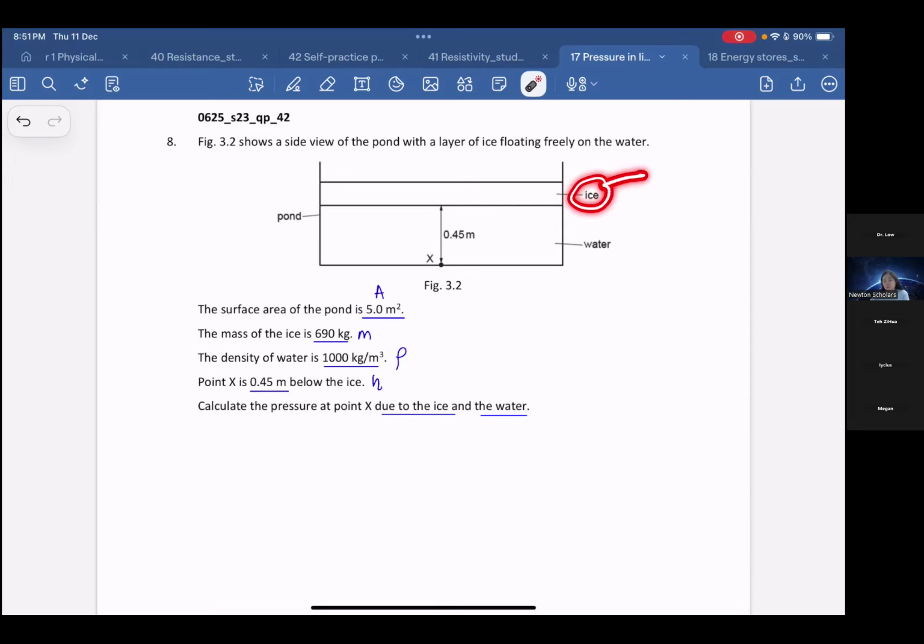Ice, what formula can you use? Think again, is ice a solid or a liquid? So what formula should you use to calculate the pressure due to the ice?